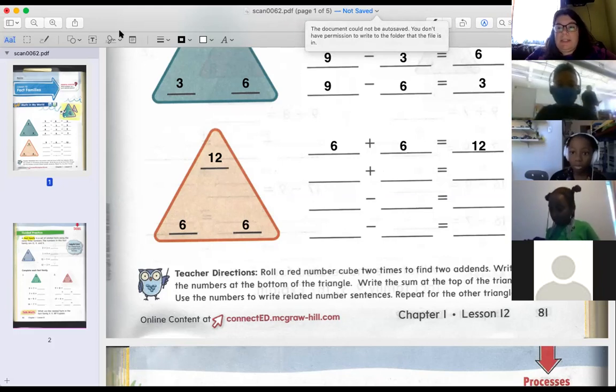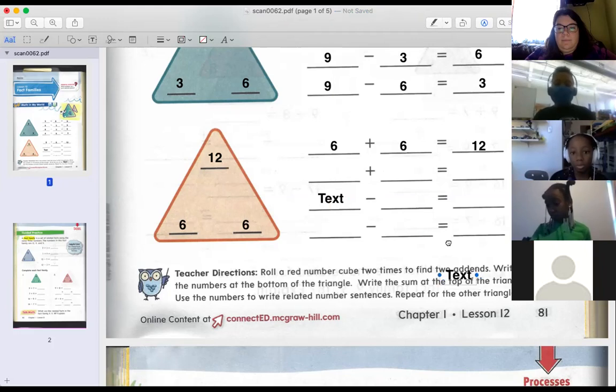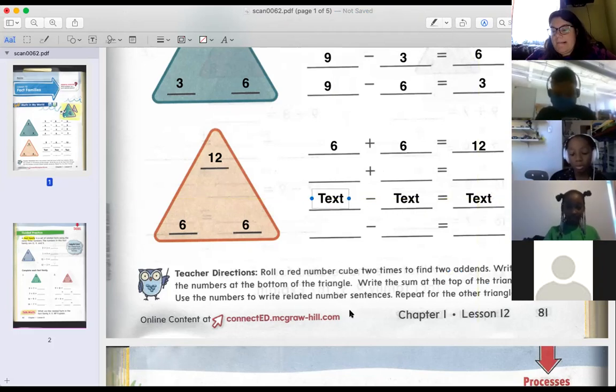What's my subtraction sentence? Brooklyn, you want to give it a try? How would we write this 12, 6, and 6 with a subtraction sentence? 12 minus 6 equals 6.